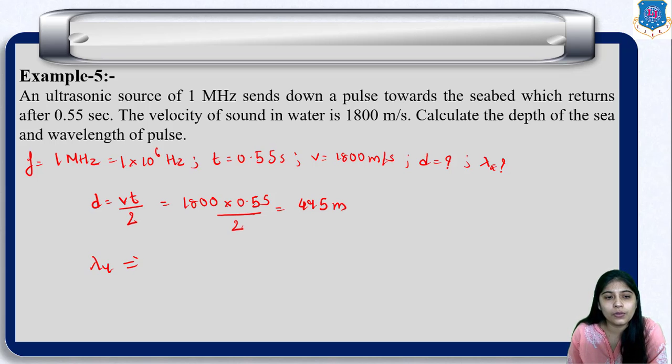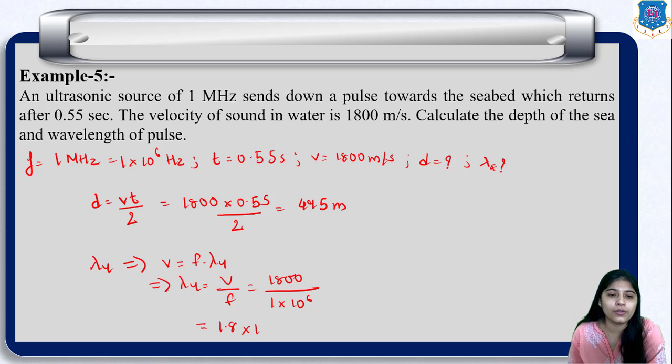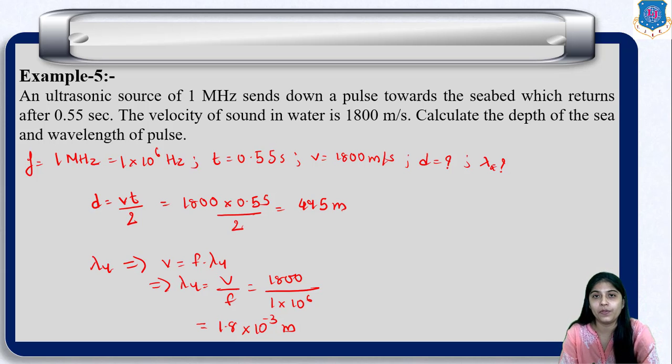We know that velocity is f into lambda u, so lambda u is v upon f. So 1800 divided by 1 into 10 raised to 6 gives us 1.8 into 10 raised to minus 3 meter. So this is how you calculate depth of the sea and wavelength of the pulse, right?